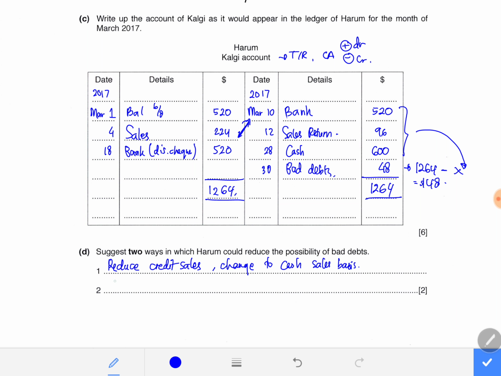And then also credit control of Harum must be improved, because this is about asking your trade receivables to pay you back as soon as possible.